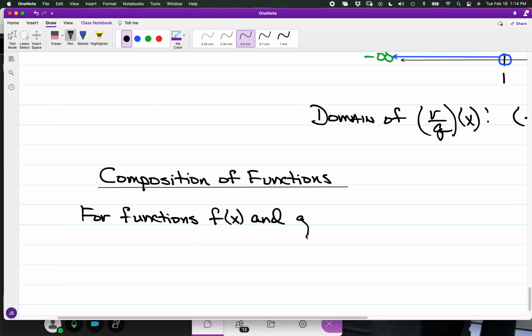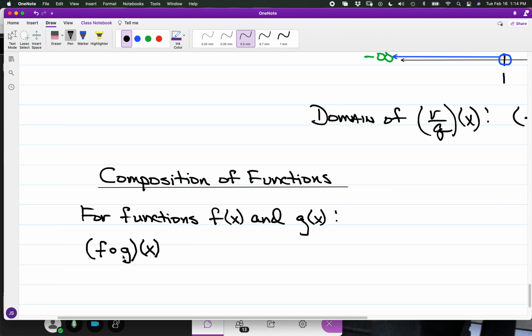Now the symbolism that's going to be used for compositions of functions, again, will look almost like multiplication because you'll have a circle separating, but it's not going to be a closed circle, as you normally put as a dot between the characters.